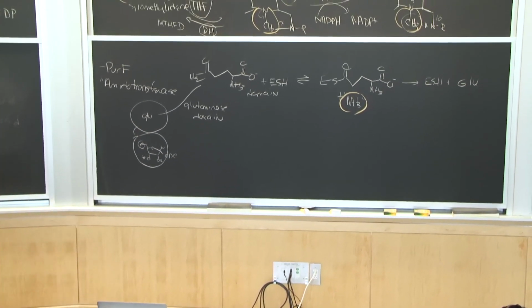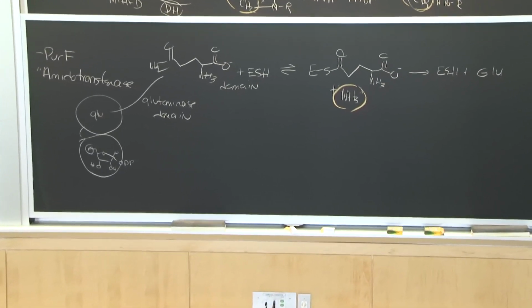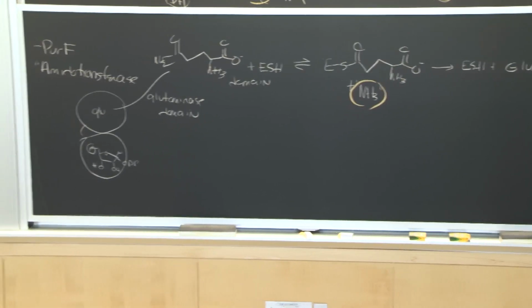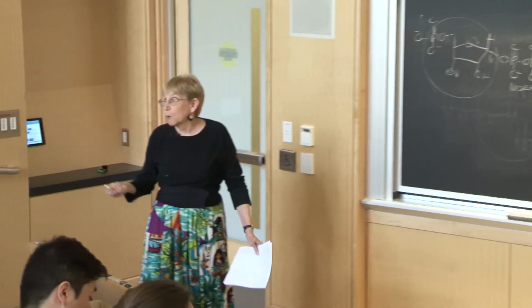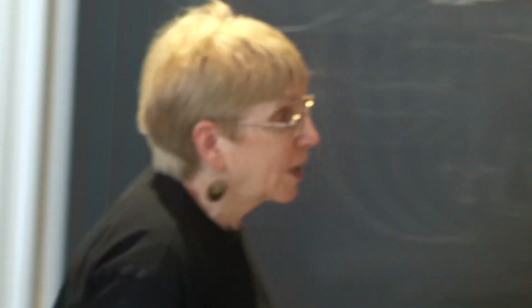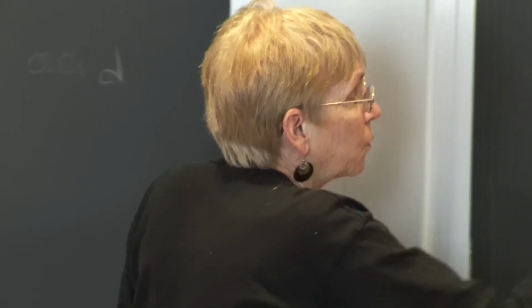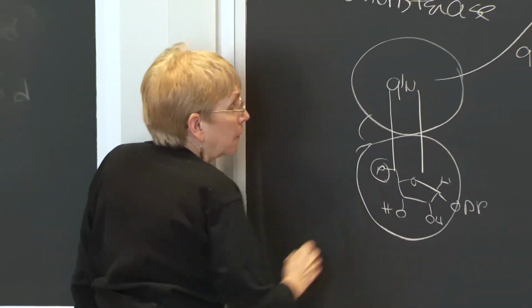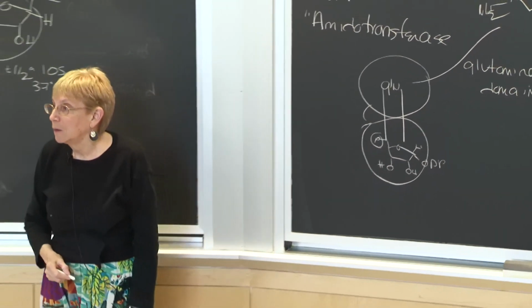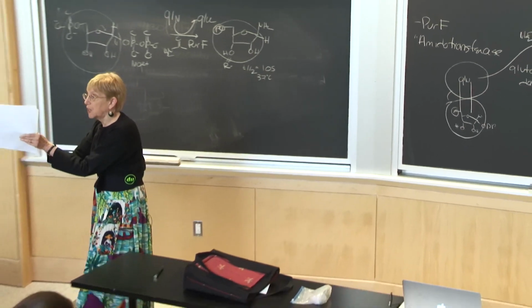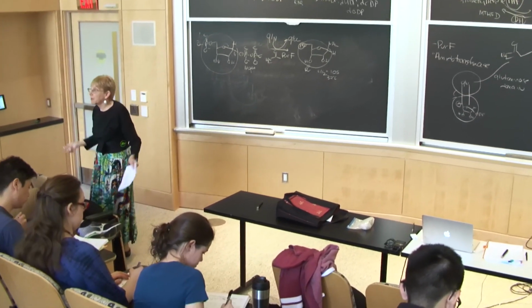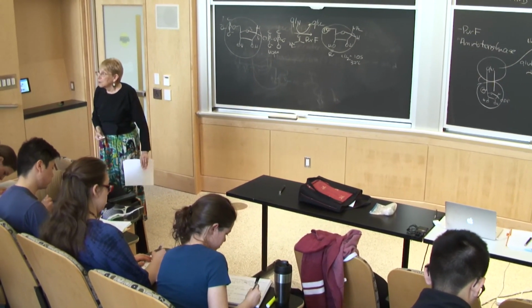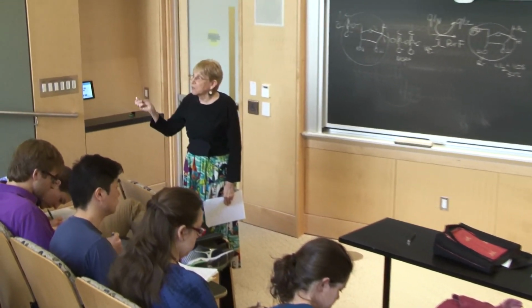So ammonia. What would happen to ammonia if it went out into solution? Protonated. Yeah, it gets protonated really rapidly and becomes unreactive. I don't know why nature designed this, but what you see with all these enzymes is a tunnel across the domain interface that's about 25 to 40 angstroms long. So the ammonia that's released never gets out into solution.